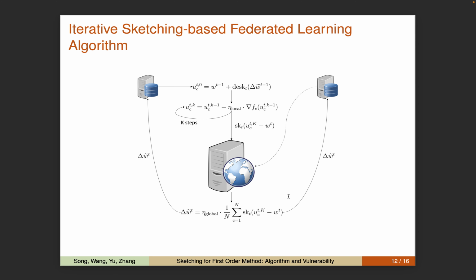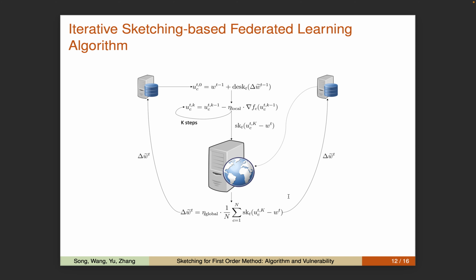Given this sketch and de-sketch operator, we can design a framework for federated learning, which is illustrated by this picture. So what do we do here? During the initialization phase, we send random seeds of these random sketching matrices from the central server to all the local clients so that we can ensure at each iteration they use the same sketching matrix.